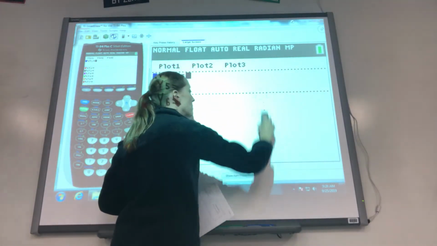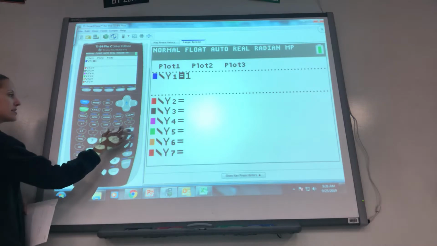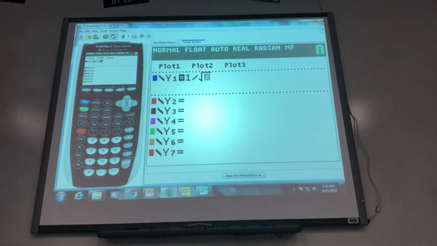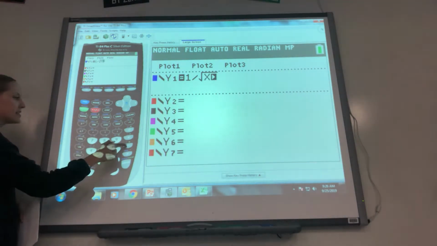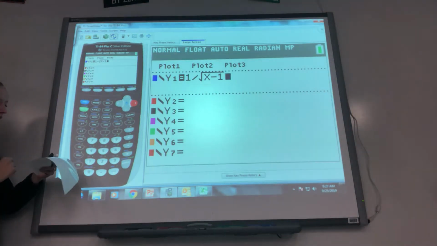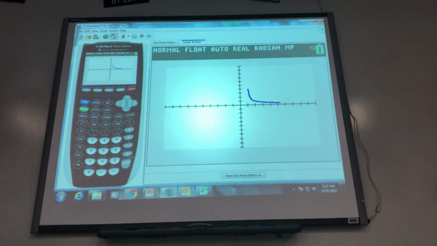Okay, and again, I'm graphing 1 divided by the square root of x minus 1. Since the square root is on the bottom, it keeps everything together and you don't really have to have parentheses there. I know that x cannot equal 1.